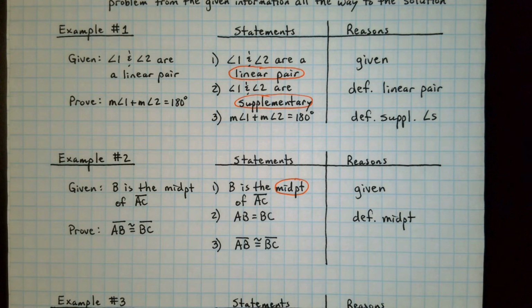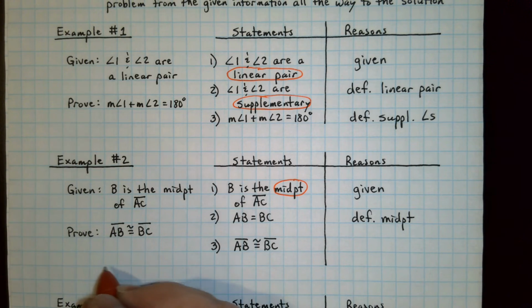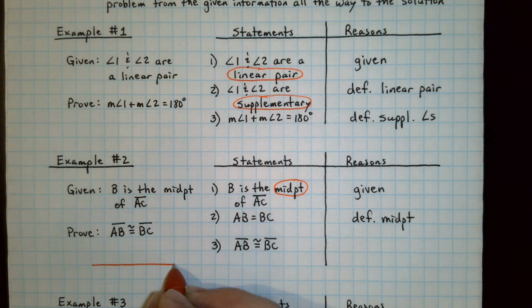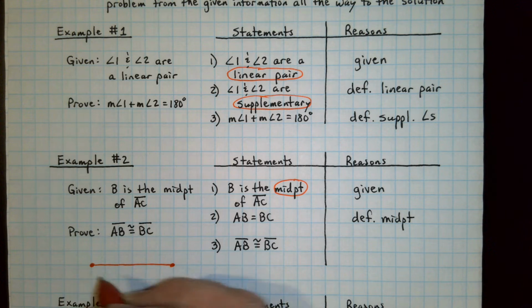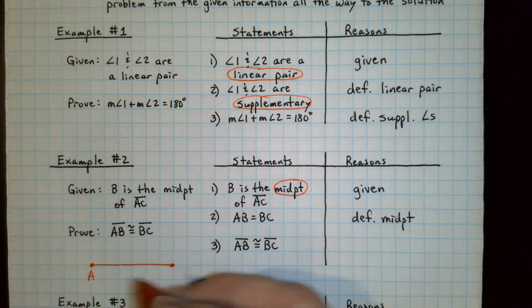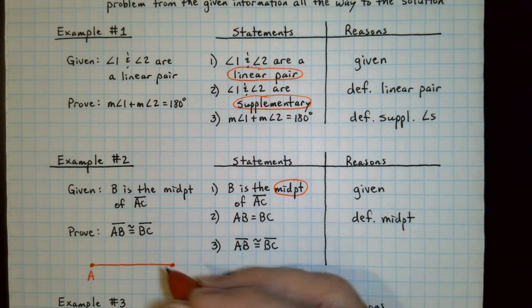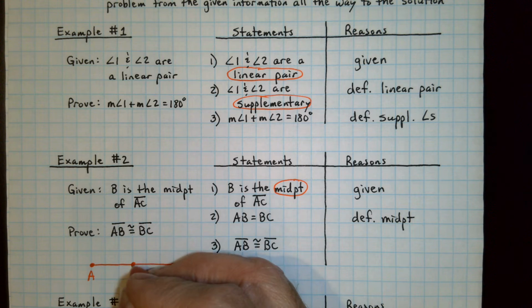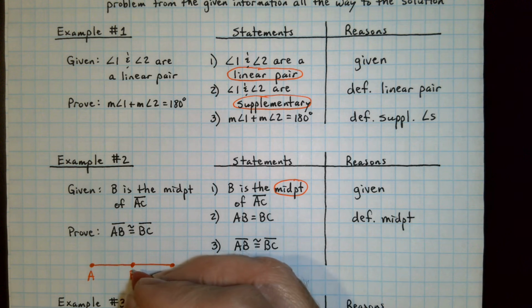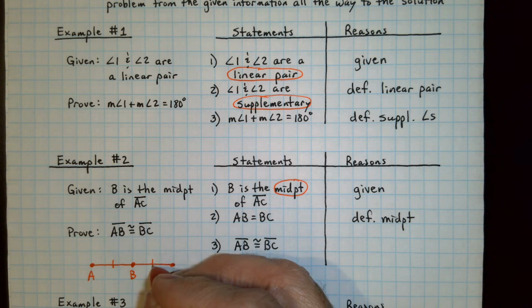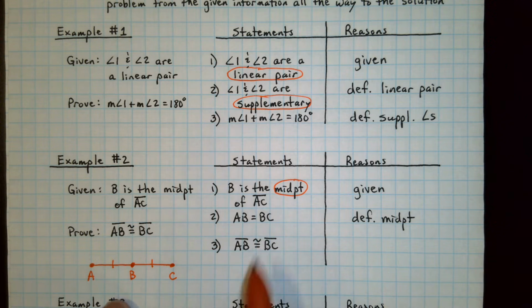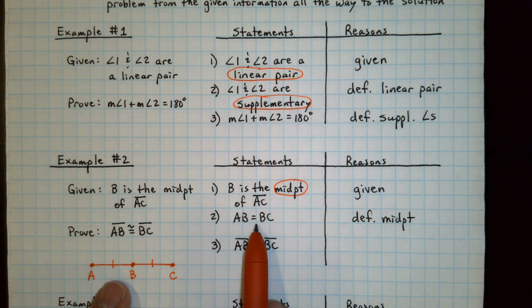midpoint. And everything doesn't have a diagram with it, but I do think it's helpful sometimes to draw one out. We're told that B is the midpoint of segment AC. So A and C are there. B is the midpoint here. And if it's in the middle, that means each part is exactly the same length, which is what I have written in the second statement.